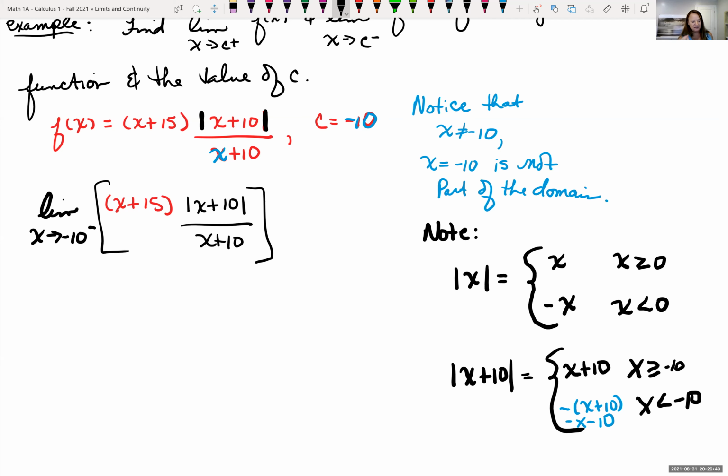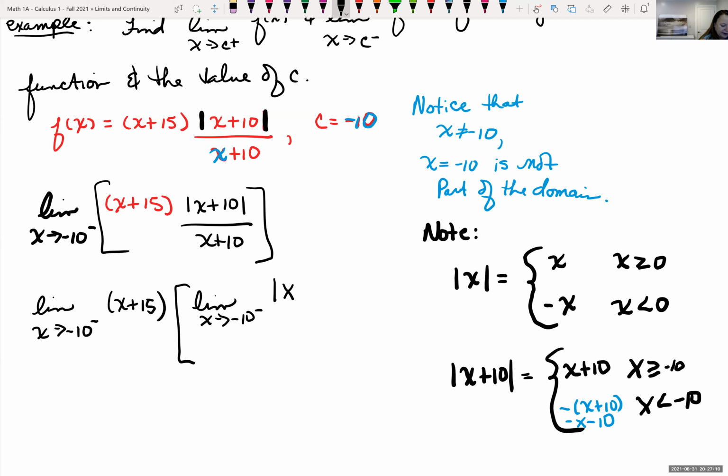And for a rational function, we could look at the limit of the numerator over the limit of the denominator. So I'm going to rewrite this using our limit rules. Taking the limit of our first piece, x plus 15, all times the limit as x approaches -10 on the left of the absolute value of x plus 10, all over the limit as x approaches -10 on the left of x plus 10.